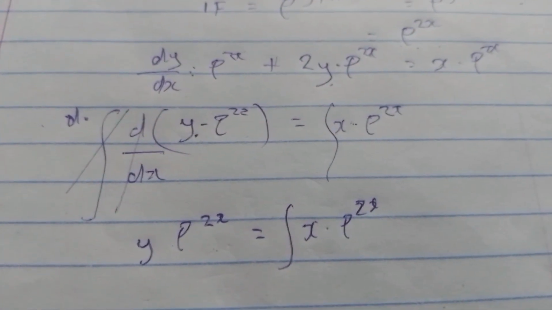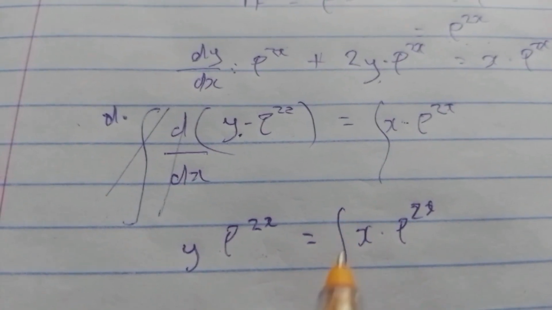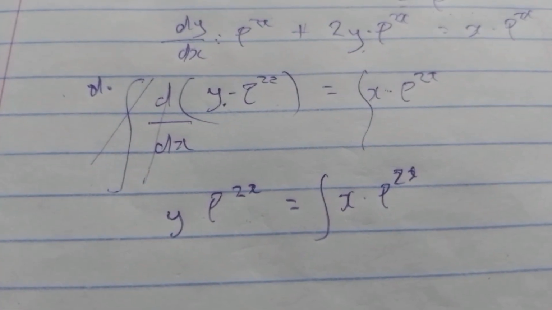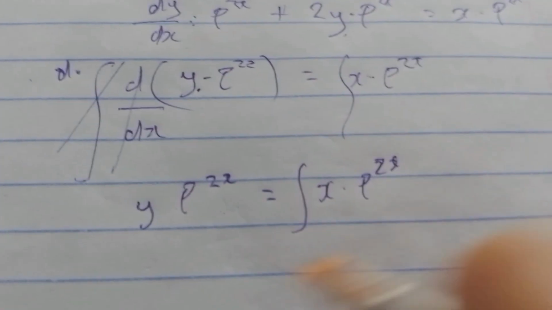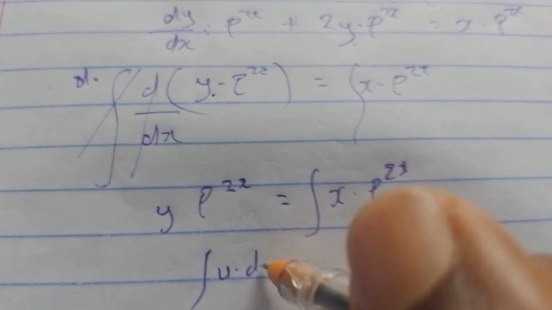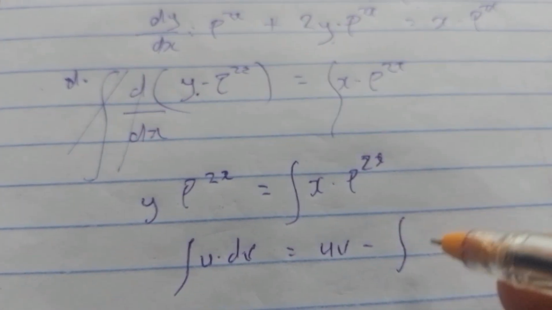Why are we using integration by parts? When we are having two functions multiplied inside an integral symbol, the best way to do it is integration by parts. Alright, and what's integration by parts saying? Integration by parts is saying that when we have the integral of u dv, it is going to give us uv minus integral of v du.